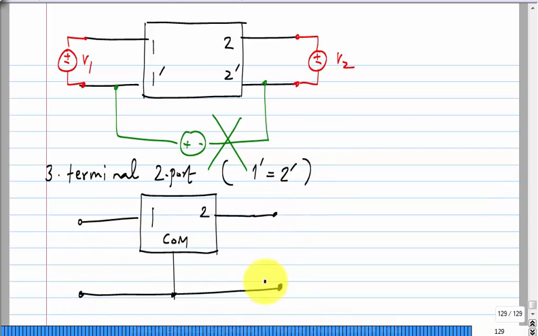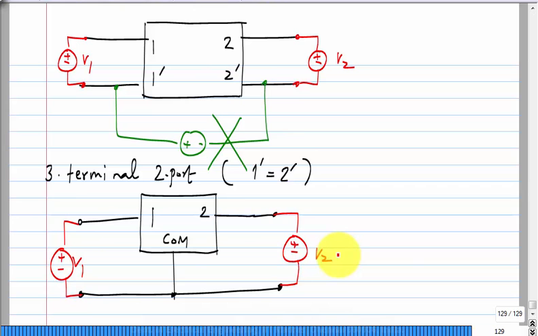There are only 3 terminals. You can only connect 2 sources independently. I will define the common terminal, that is 1 prime and 2 prime. This will be 1, and I connect the first source here and the second one there. There is no place to connect the third one anyway.